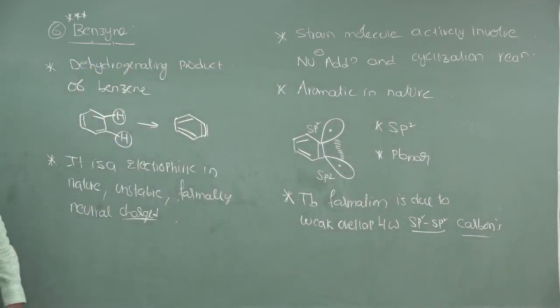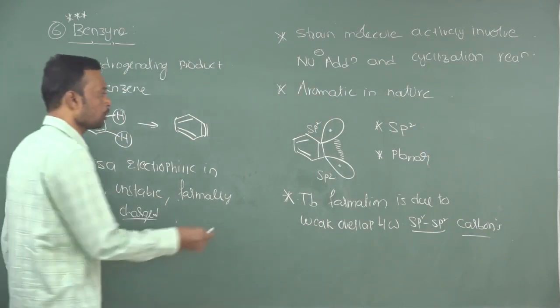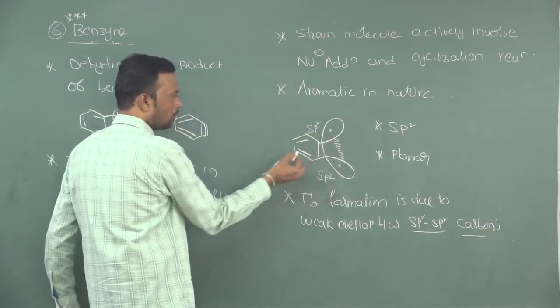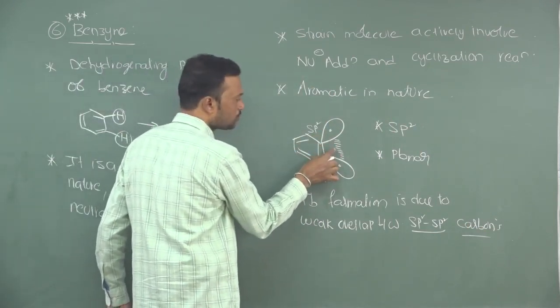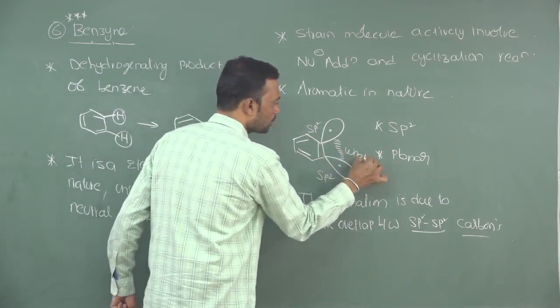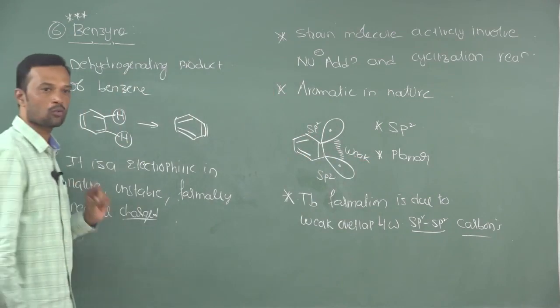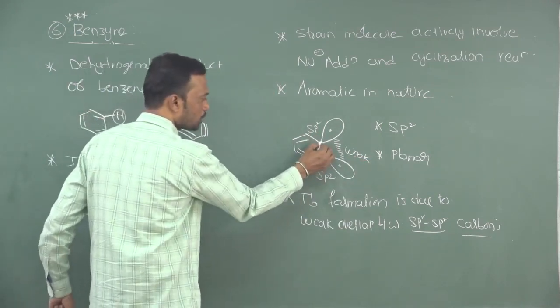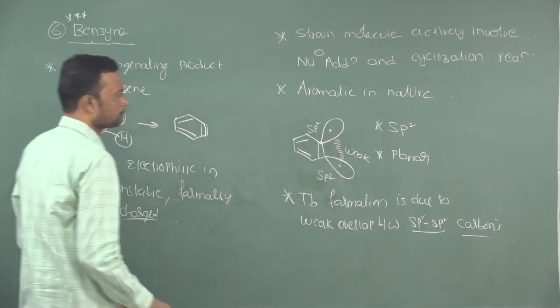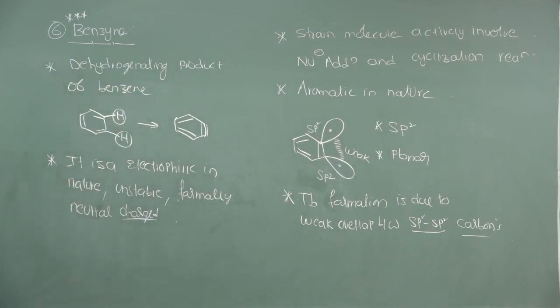It is the weakest overlap and it is ready to break. So that overlap is not involved in calculating the hybridization of these carbons. The triple bond formation is due to weak overlap between sp2 sp2 carbons.